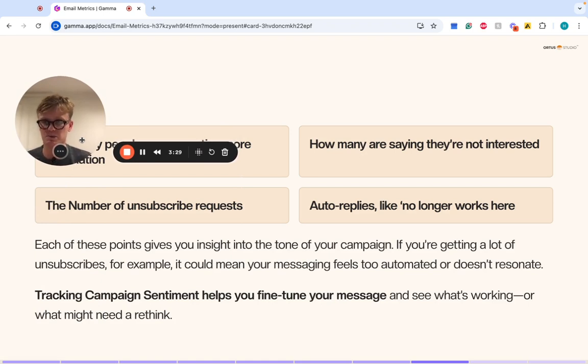Each of these gives you an insight into the tone of your campaign. If you're getting lots of unsubscribes, for example, it means your messaging feels too automated or frankly doesn't resonate. Tracking campaign sentiment will help you fine tune your messaging and see more clearly what's working or what you may need to rethink.